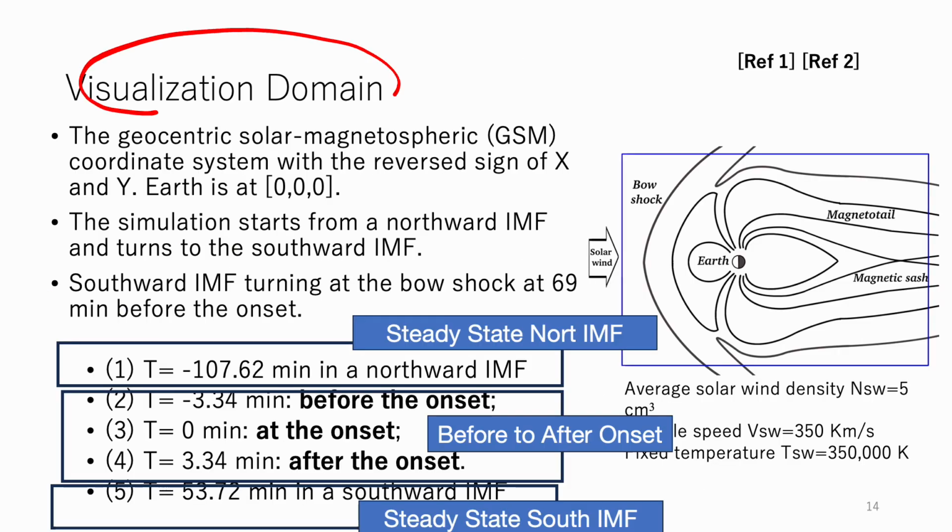This is our visualization domain. First, we show the steady-state northward IMF topologies, and also steady-state southward IMF topologies. Then we see the change of the topology from before to after the substorm onset.